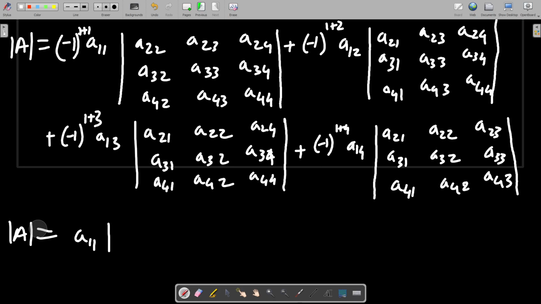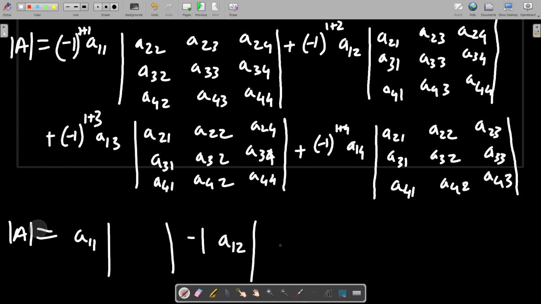So this will become A11 into that determinant which I have told you to calculate. And this will become 1 plus 2, that's 3, and minus 1 to the power 3, minus 1 cubed, is minus 1 into minus 1 into minus 1. That will leave you with minus 1.